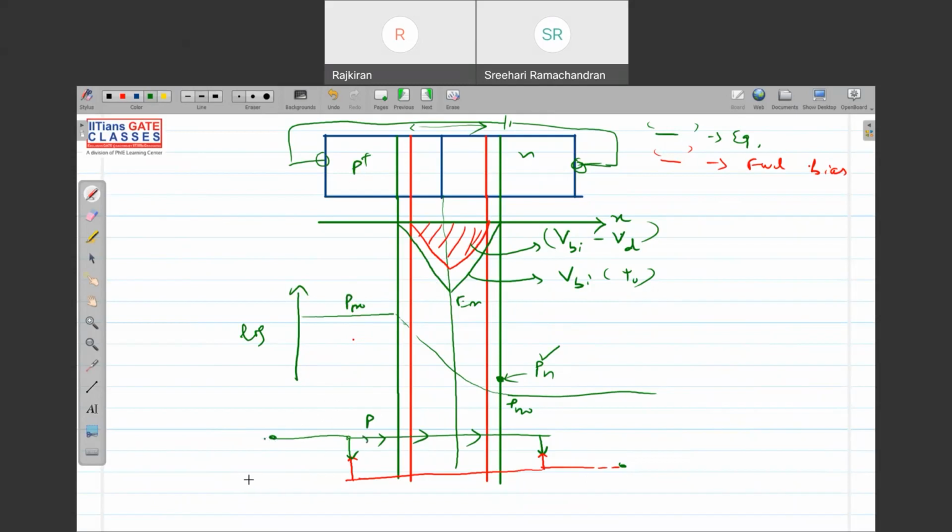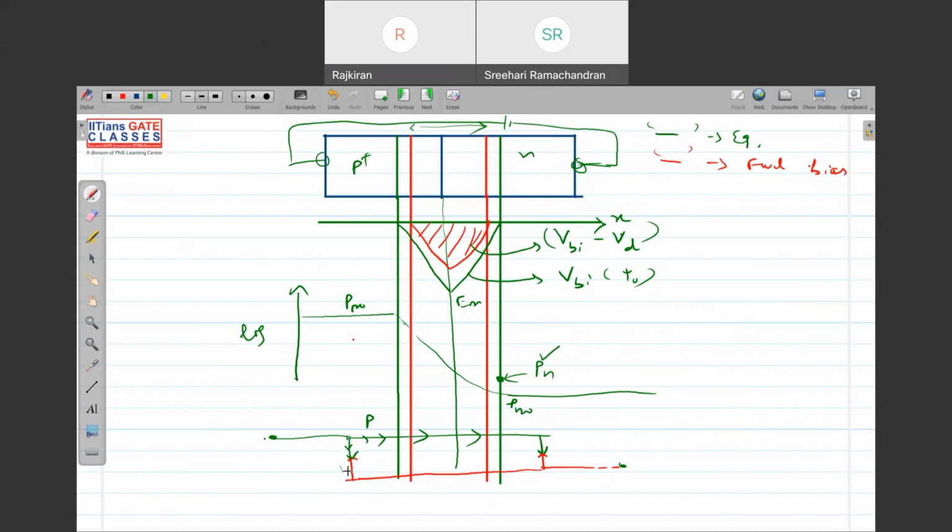Some of them will be recombining with the electrons which have been injected from N side to P side. The contact will inject holes. Out of that, some will be injected from P side to N side, and some will be recombining with the electrons that have come from N side to P side.